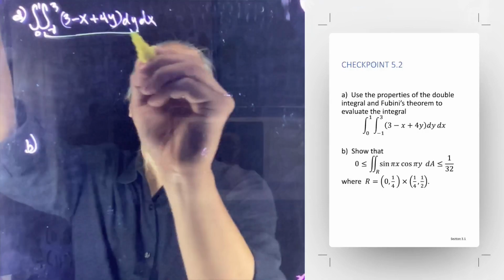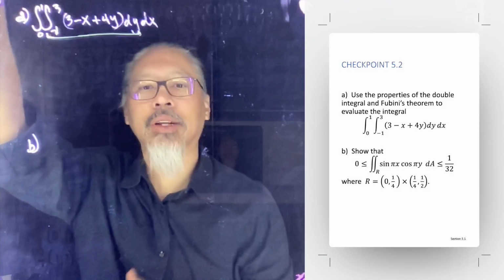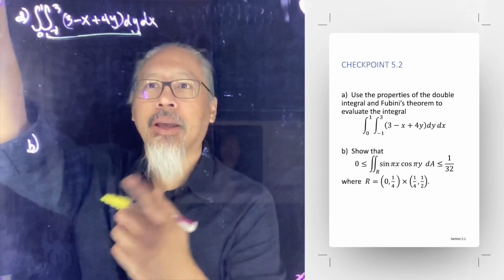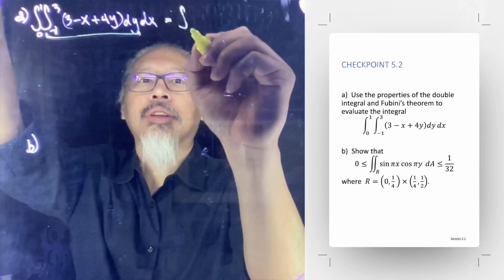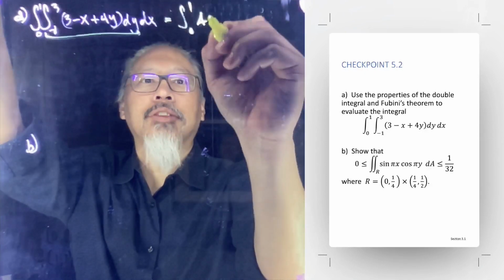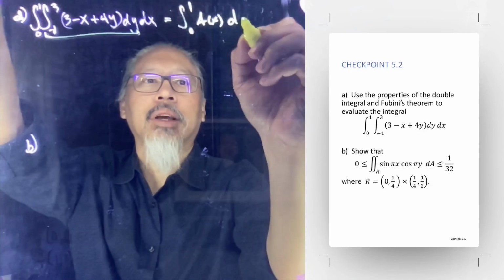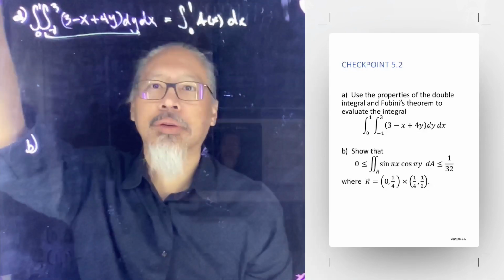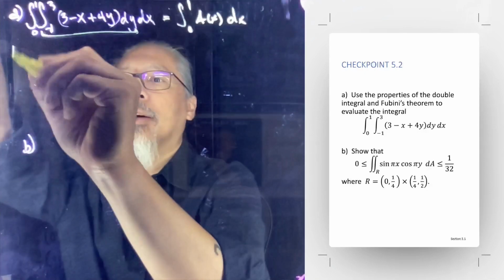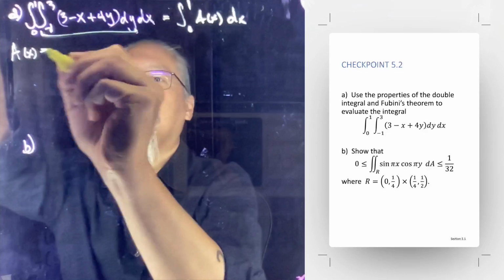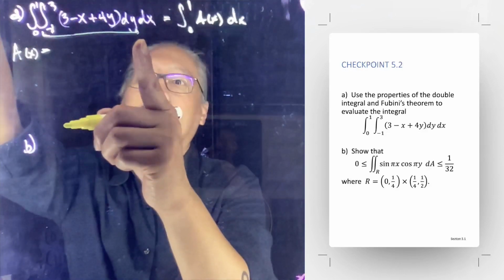Fubini's theorem tells us that when we see a double integral like this, we're going to treat it like an iterated integral and work from the inside out. Now this inside integral will eventually become like an area function, area with respect to x, and then we'll integrate that with respect to x going from 0 to 1 after we figure it out. So first we need to figure out what A of x is equal to, and we will integrate this with respect to y.